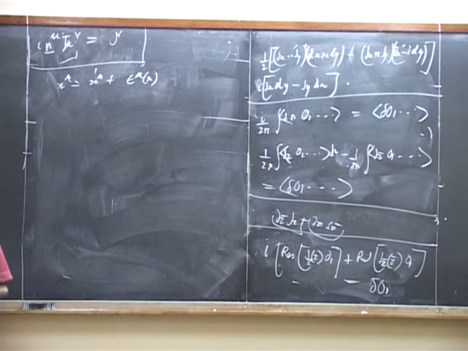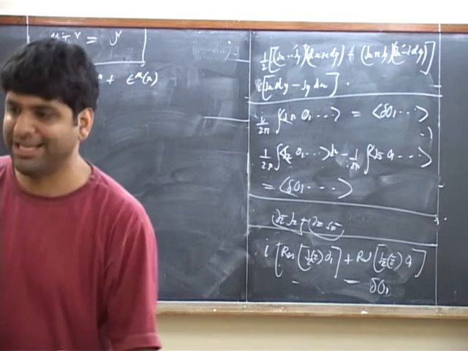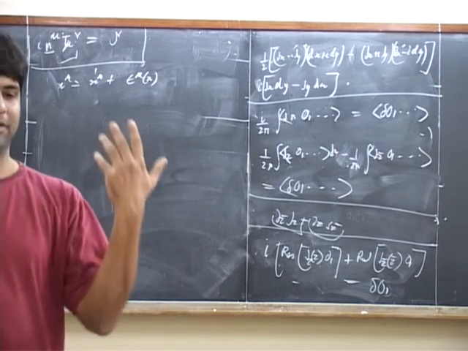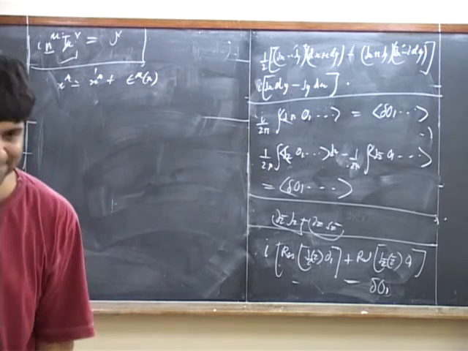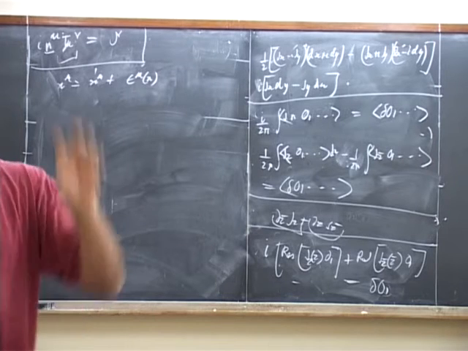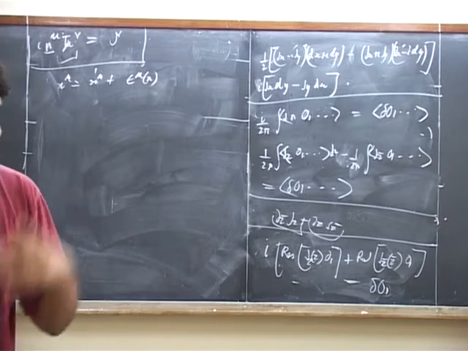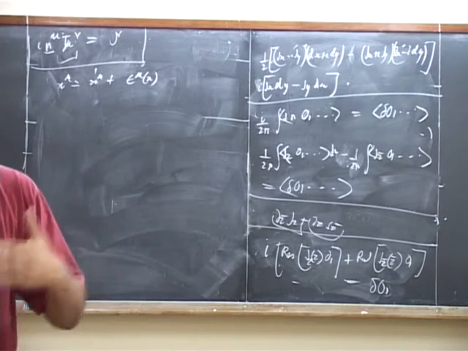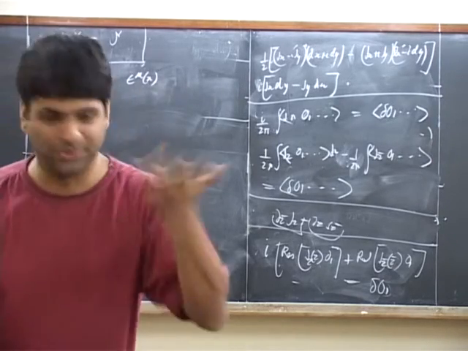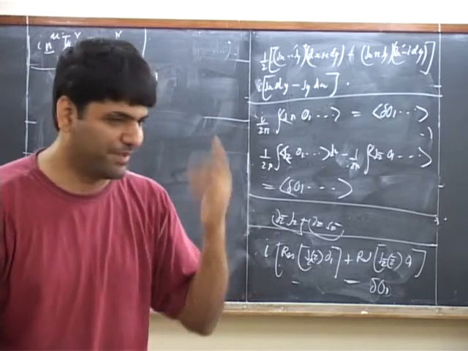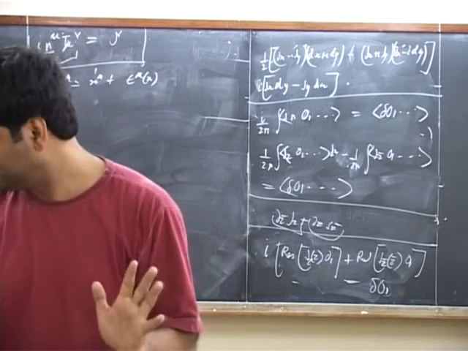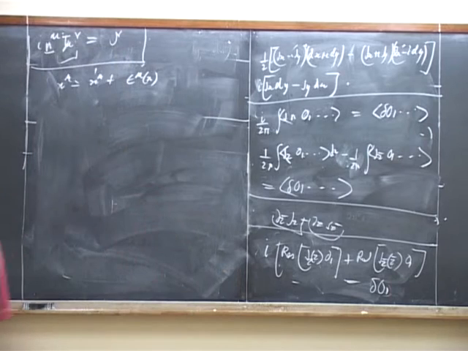And the current in question will be the coefficient of the derivatives of epsilon. I could do this in many steps. I could say epsilon times n mu, where n was a constant vector, and that would give me the current for that particular translation. But it's faster to just do it all at once. If you get confused, you can do it that way. Is this clear? Okay, fine.